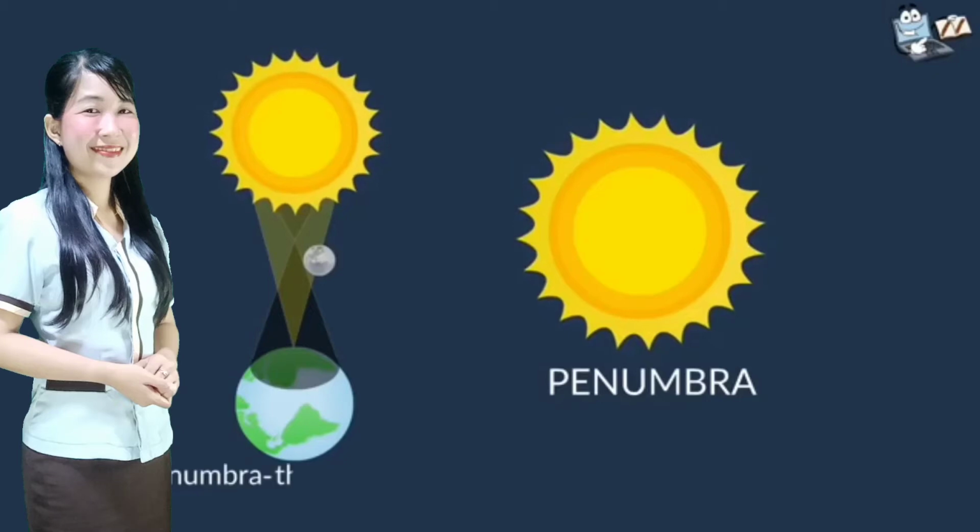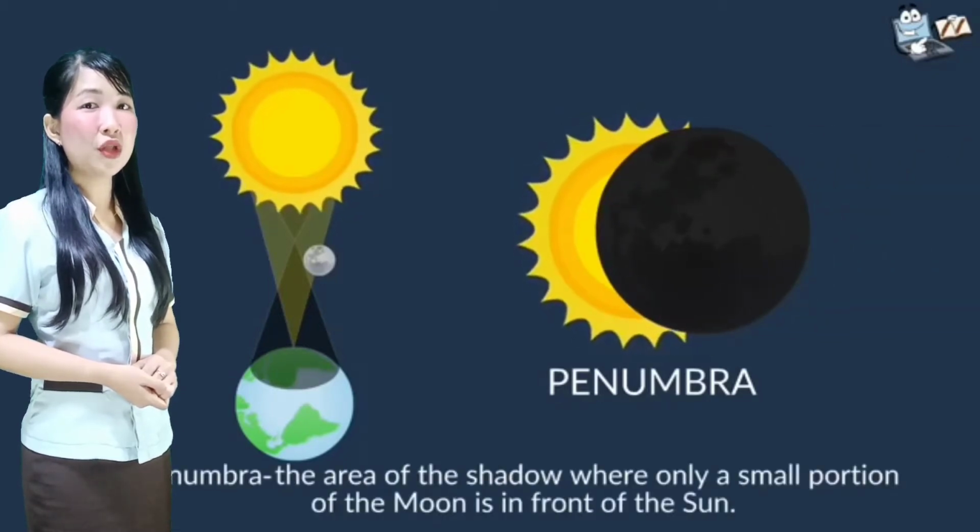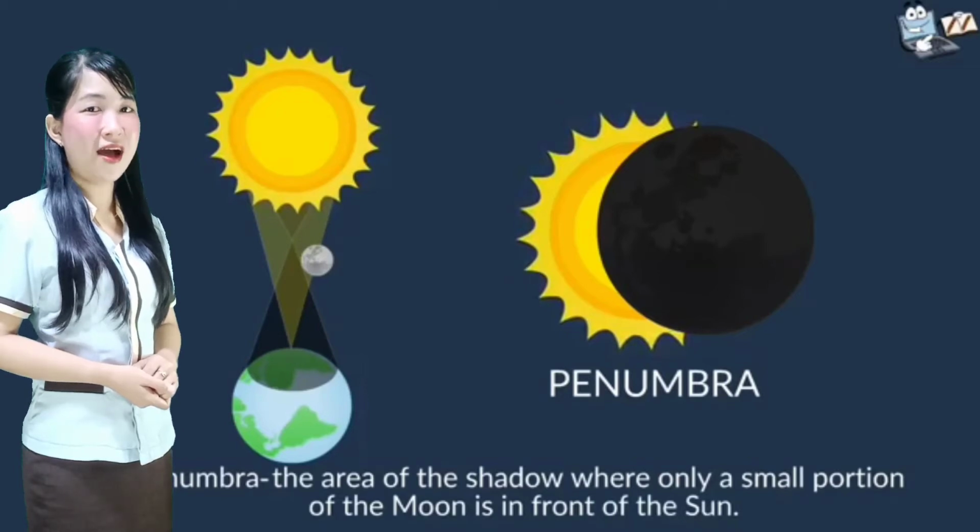The last one is penumbra. It is the area of the shadow where only a small portion of the moon is in front of the sun. We are done with solar eclipse.